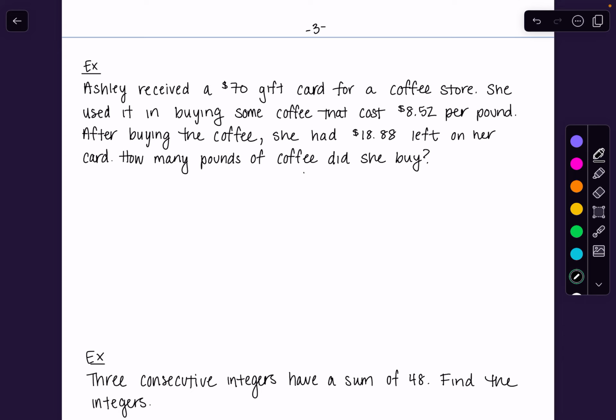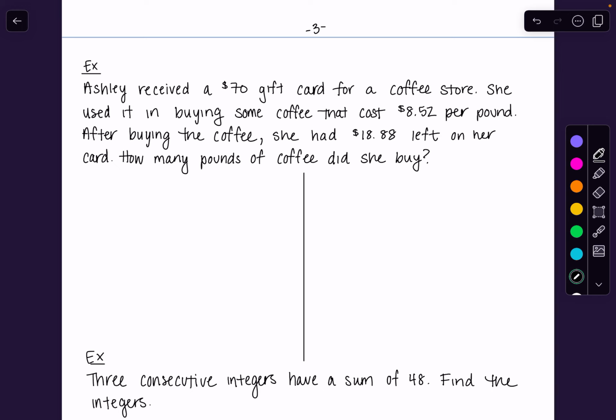And I'm actually going to do this 2 ways so I can show you that you don't need to set up an equation to solve this particular one. Again, with quite a few of these, you don't have to set up an equation, but it just makes it very nice and a lot easier when you start getting more complicated situations. So if we think about this, she had a $70 gift card and she's got $18.88 left on it.